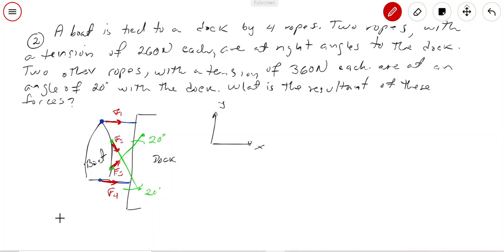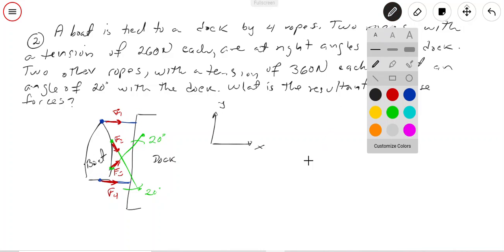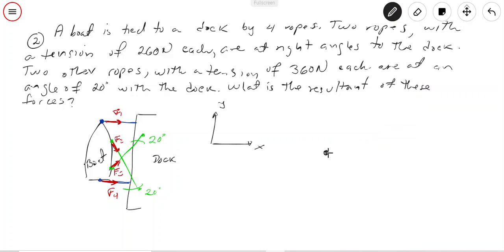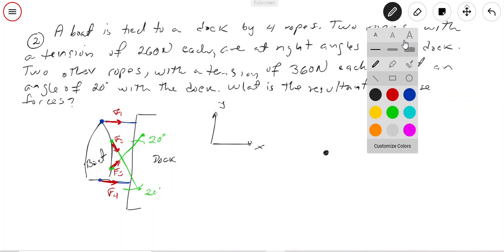Now, let us make a free body diagram of this. So we're representing my boat as a point, and then I will make a coordinate system here. Let me use another color.